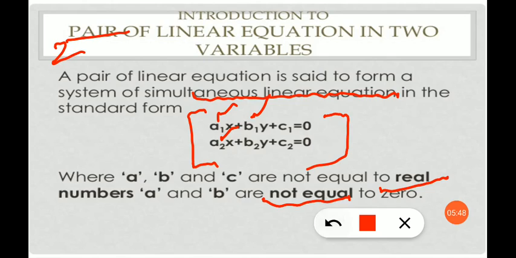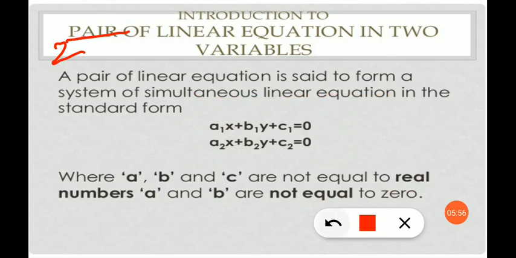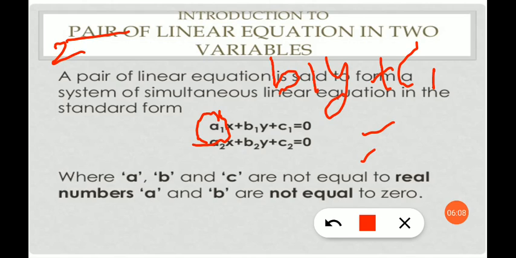If any of the variable coefficients becomes 0, then the equation will not remain in two variables. For example, suppose your a1 is 0, then 0 into x will be 0, and the equation becomes b1y plus c1 equal to 0.